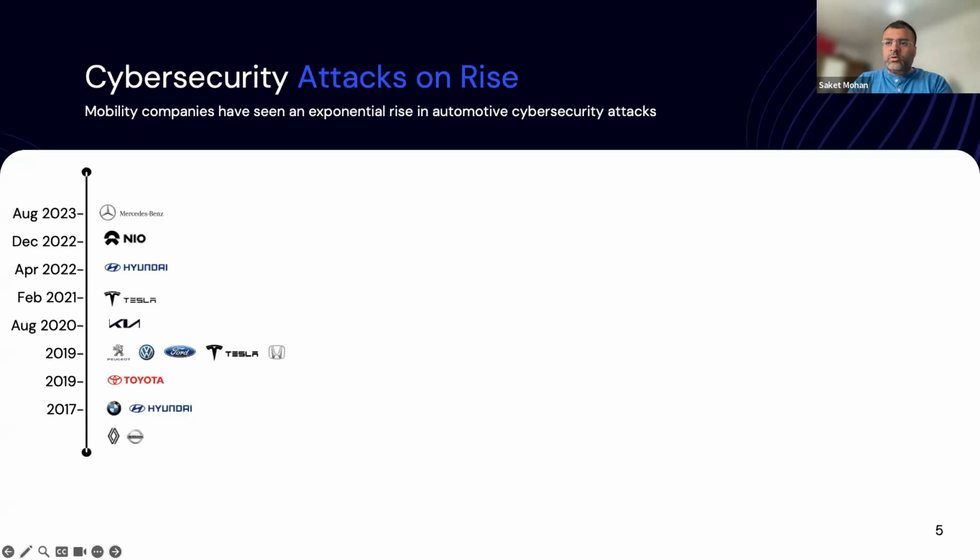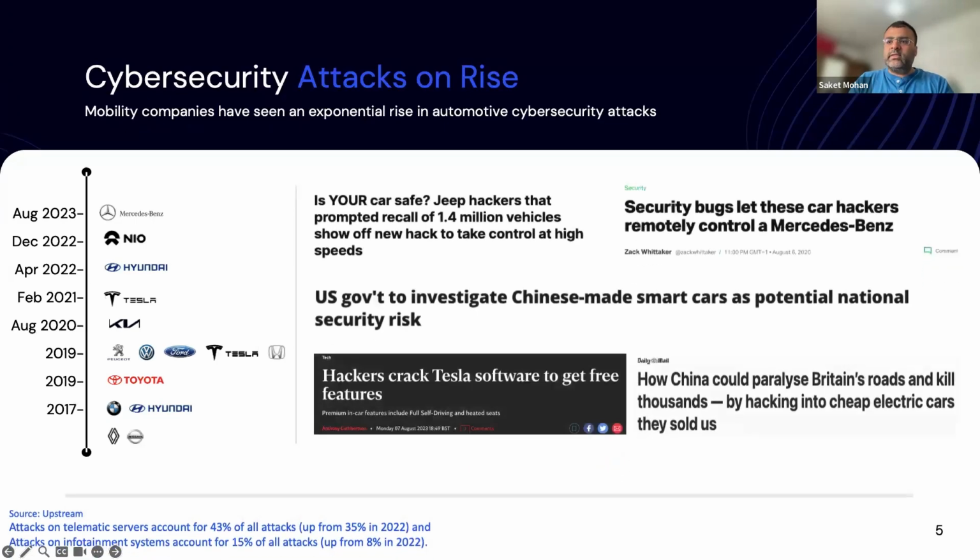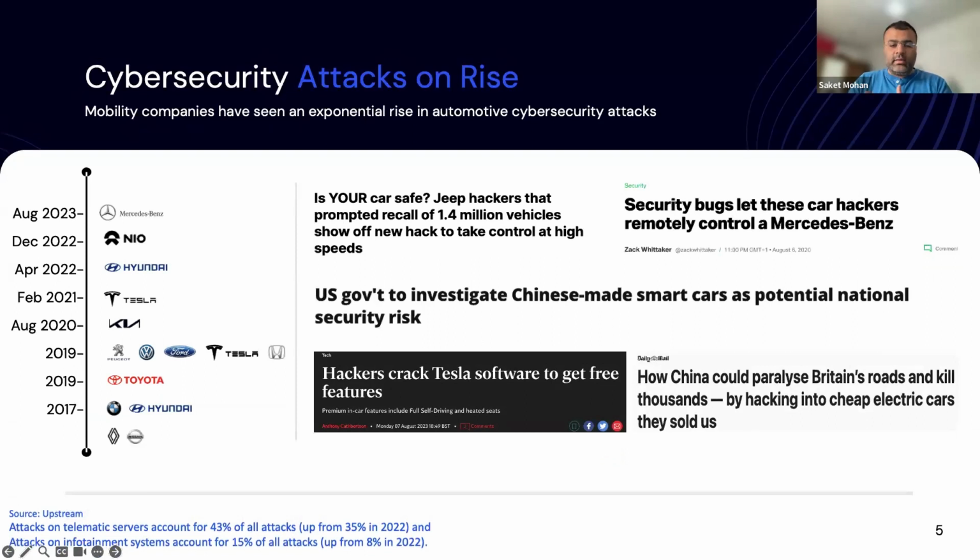So I've also put some information around the recent cybersecurity attacks and some of the headlines making articles in recent times. It all started in 2017, up to as recent as 2023, to the best of our knowledge, where we have seen limited, or let's say confined, attacks by security teams to basically perform an attack on a Tesla or a Mercedes-Benz.